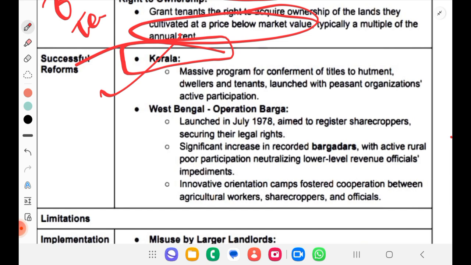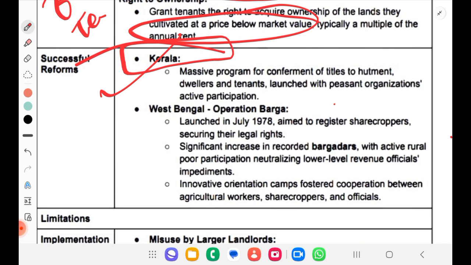Significant increase in recorded Bargadars with active rural poor participation, neutralizing lower level revenue official impediments. Innovative orientation camps fostered cooperation between agricultural workers, sharecroppers and officials.